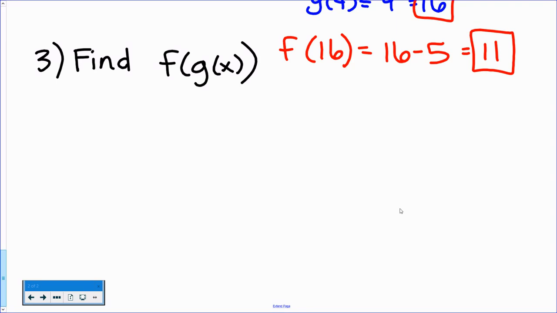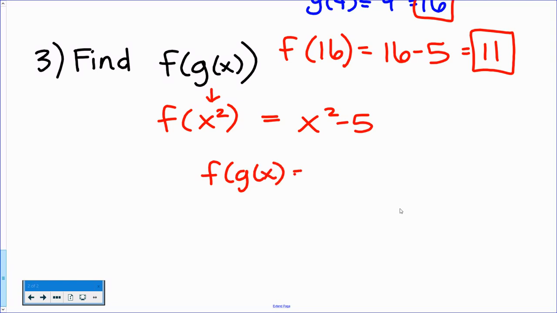What is g of x? Well, g of x was x squared. So that's what I'm plugging into f. And f was written as x minus 5. Instead of x minus 5, I would write x squared minus 5. I replaced its input with x squared. So that would be the equation for f of g of x.